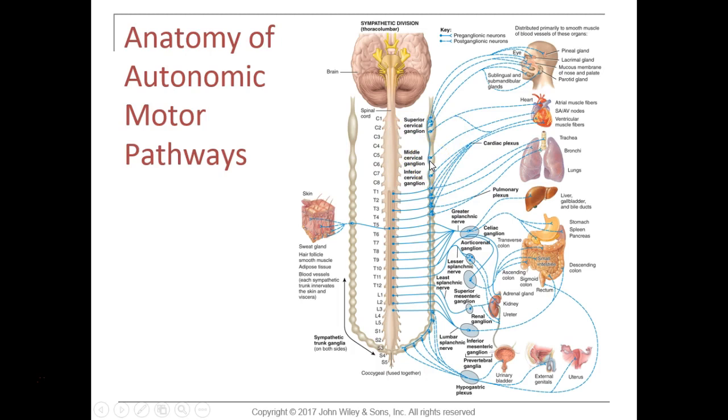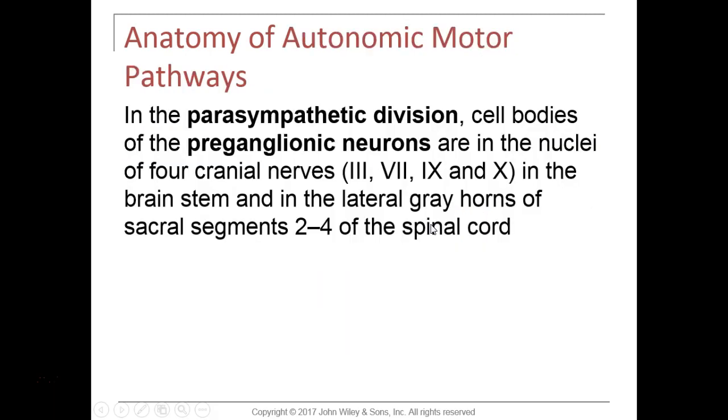And since only sympathetic pre- and postganglionic neurons are communicating or synapsing in this ganglion, this would be called a sympathetic ganglion. So this particular ganglion, which is called the sympathetic trunk or chain ganglia, is where sympathetic pre- and postganglionic neurons communicate or make a synapse.